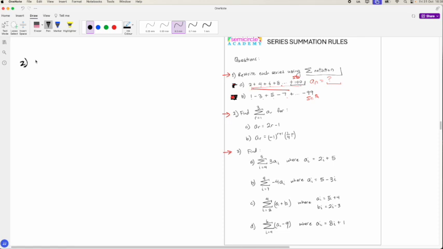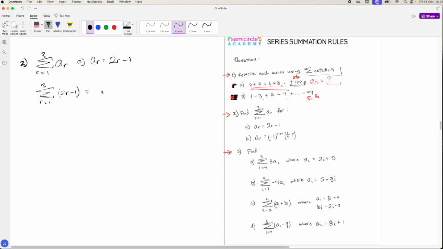So with number 2, we have to find the summation from r is equal to 1 to 3 of a_r for part A, when a_r is 2r minus 1. So that means that for part A, I want the summation from r is 1 to 3 of 2r minus 1.